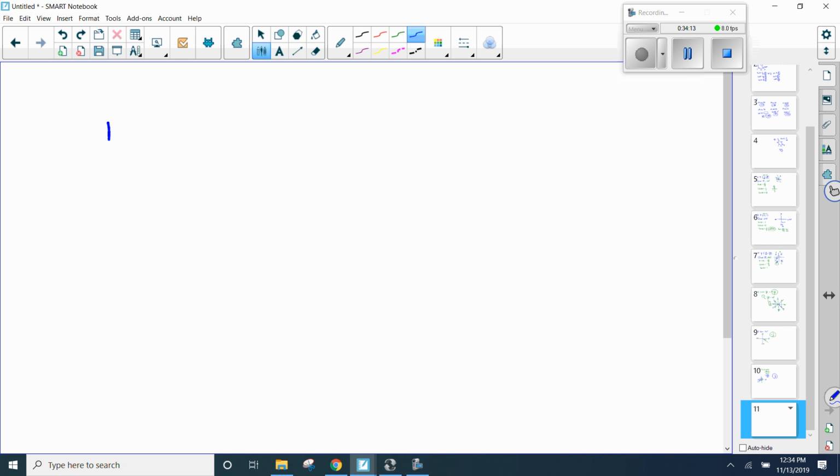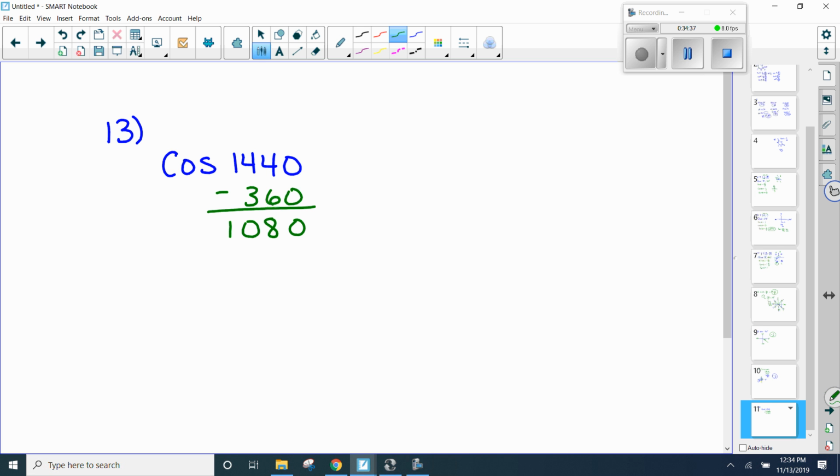Oh. So number 13. Is it cosine? Yeah. Cosine of 1440. So I have to figure out what quadrant it's in, right? I'm going to go around once. If I go around once, that means I subtract 360. And that's going to give you 1080. Then what do you have to do?